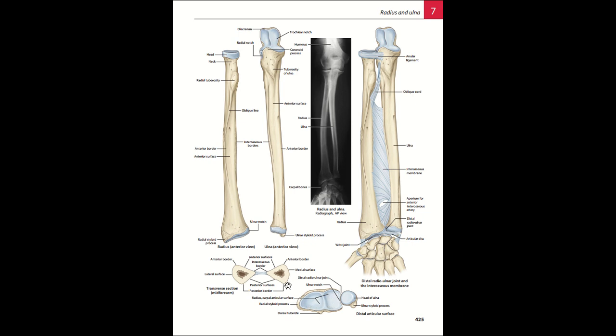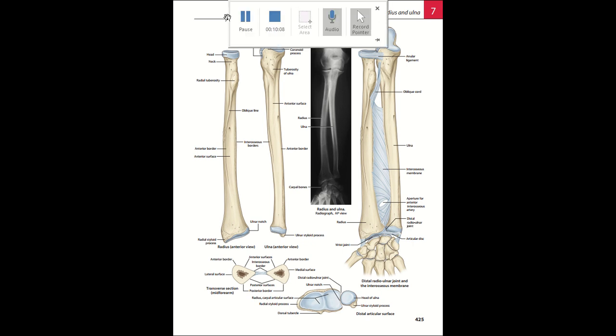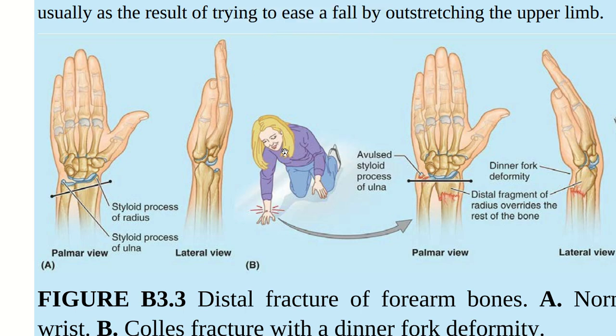Right. So let's take a look at some clinical correlates regarding the radius and the ulna. The first clinical correlate that we are going to talk about definitely is the Colles fracture.